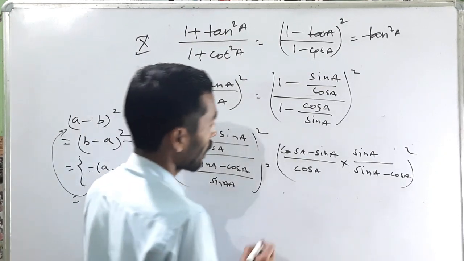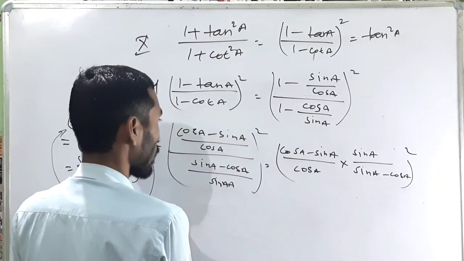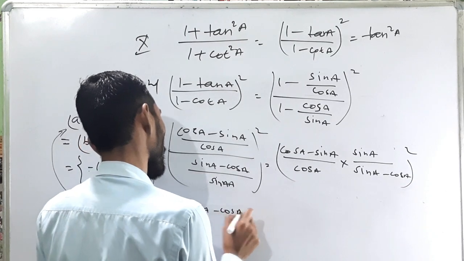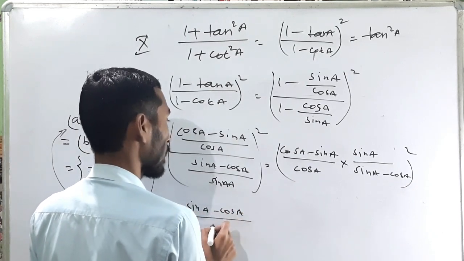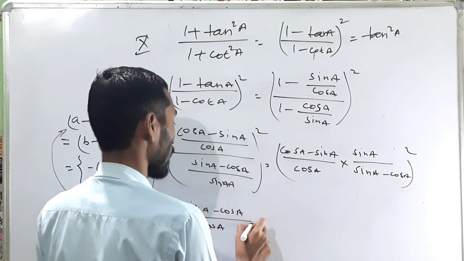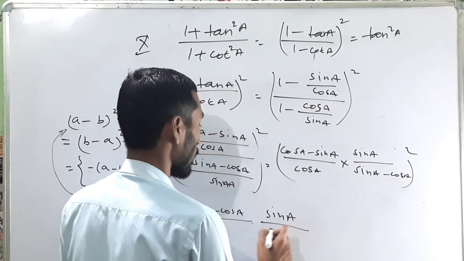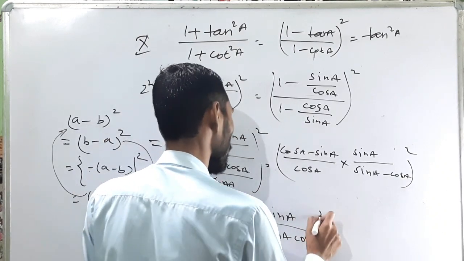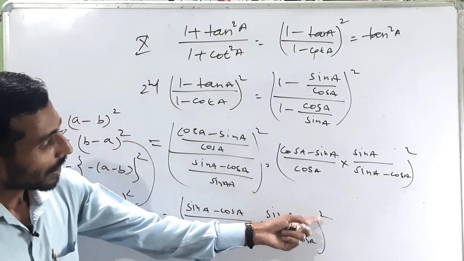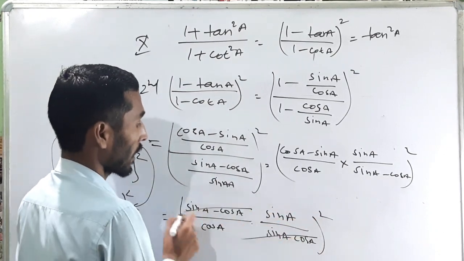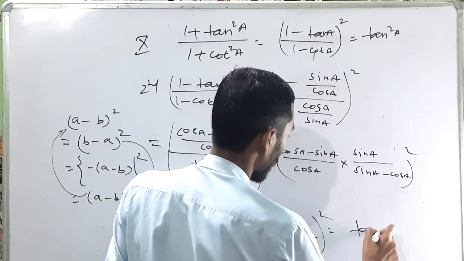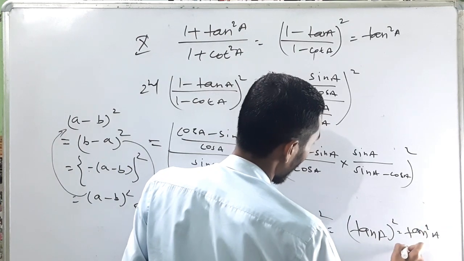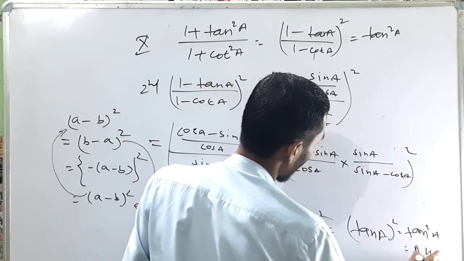So here at first we will change it: sin A minus cos A by cos A, sin A by sin A minus cos A. We did it because there is a squaring. We can cancel out. So the square of tan A, square A, RHS is the third term like that.